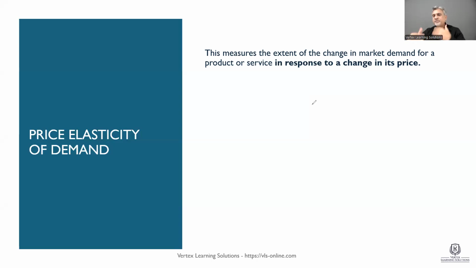If price changes from 20 to 25, in response, how much will the demand change? The formula, we call it PED, price elasticity of demand, is percentage change in demand divided by percentage change in price.